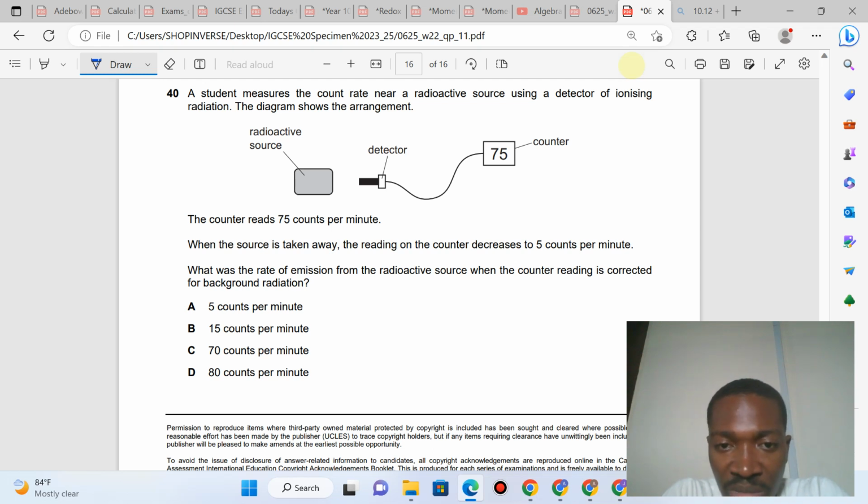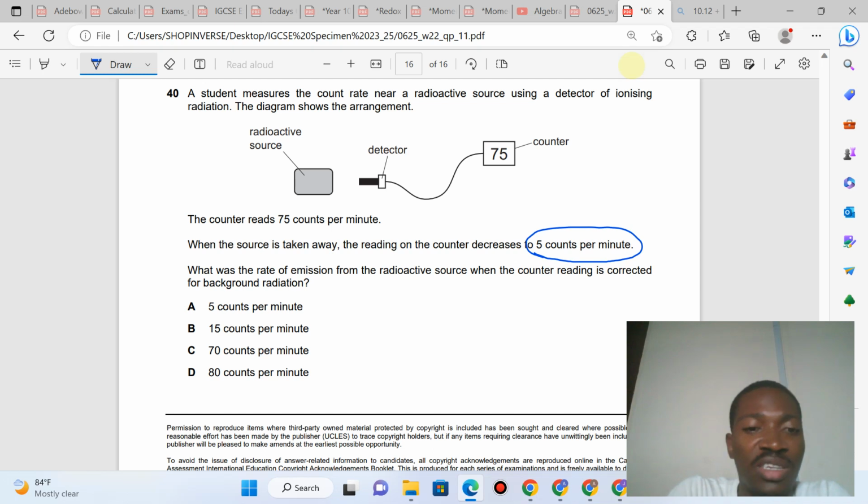What was the rate of emission from the radioactive source when the reading is corrected for background radiation? These 5 counts, when the source was taken away, represent the contribution from background radiation, okay?